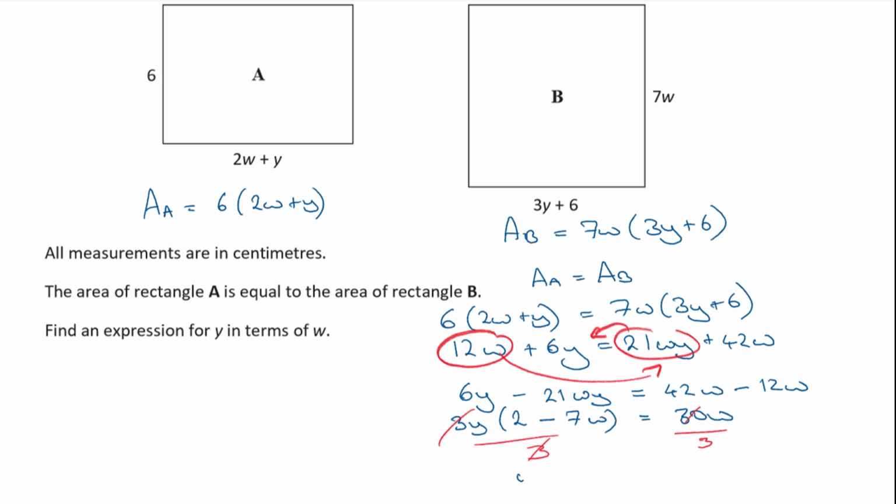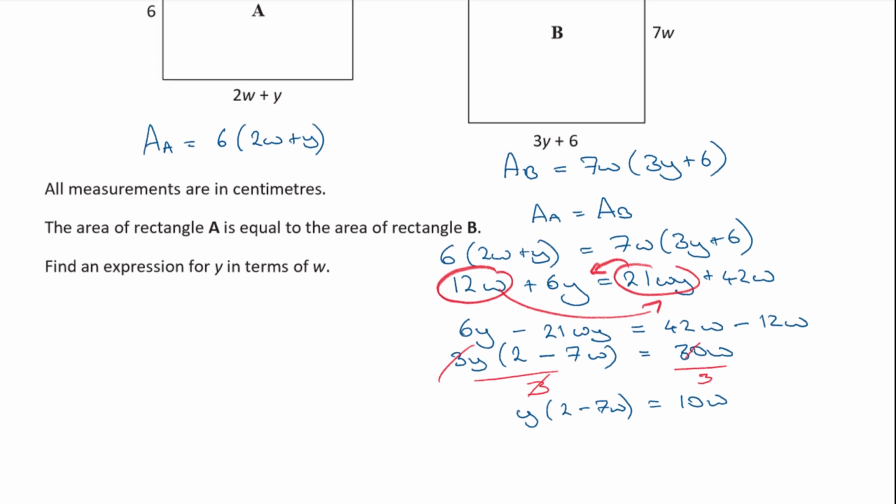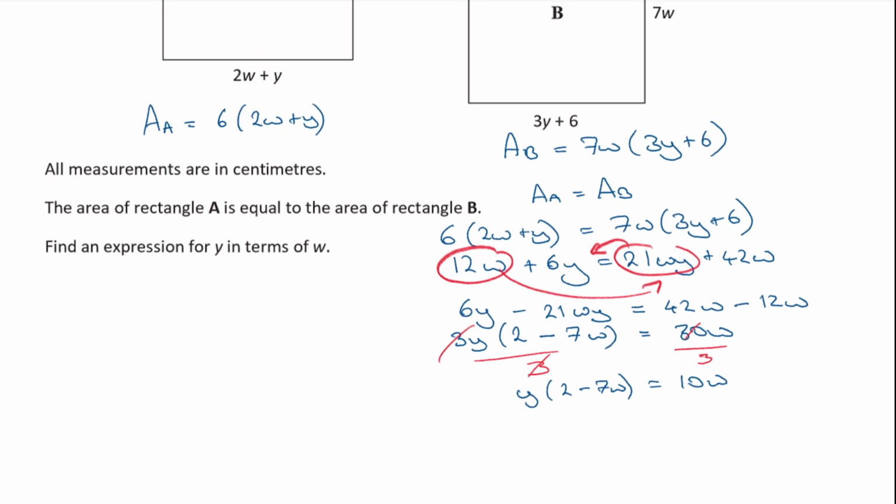So I'm going to get y lots of 2 minus 7w equals 10w, and then I'm going to divide both sides by that bracket. Okay, I'm not going to bother writing it down again underneath and cancelling it out because I don't want to. So that is y equals 10w divided by 2 minus 7w. Okay, and that's my final answer.